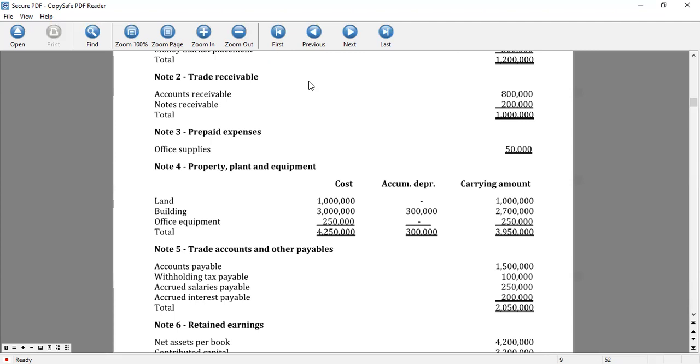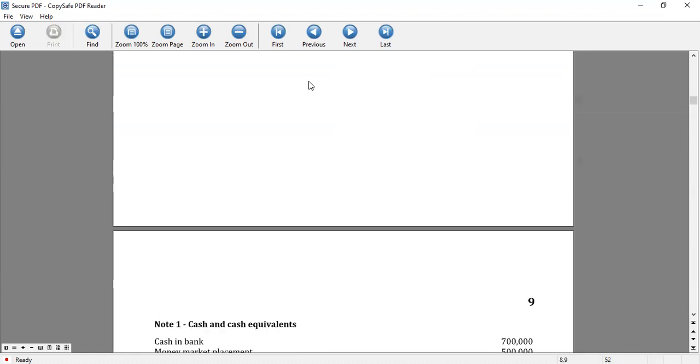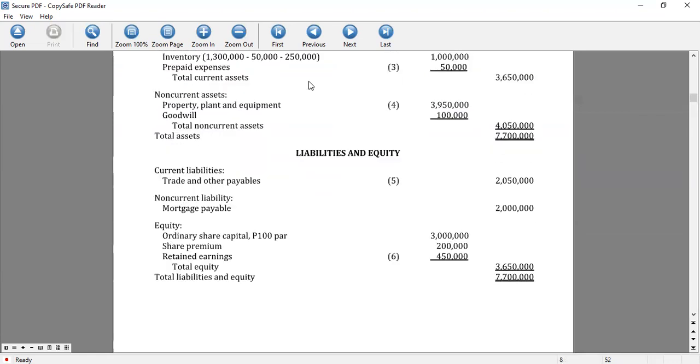The accrued salaries of 250,000 stated. No recognition was given to accrued salaries. Now we have the total of the trade and other payables of 2,050,000. So we have the trade and other payables.